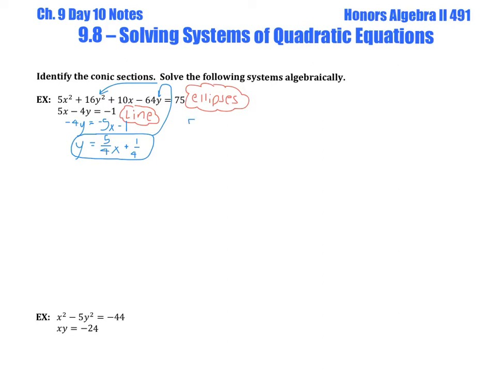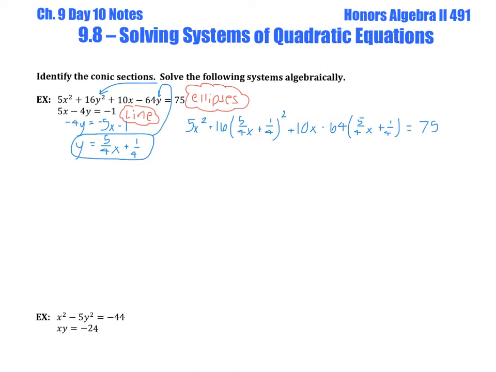We will have 5x squared plus 16, now in parentheses, we have this, and that's all being squared. We have our plus 10x, and then we have our minus 64 times this. And it's all going to equal 75.